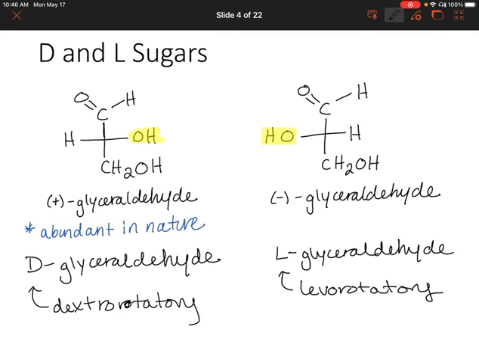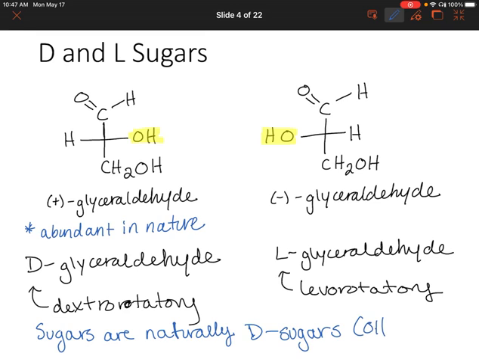So D-glyceraldehyde or D carbohydrates are what we find in nature. So sugars are naturally D sugars or D carbohydrates. So OH is on the right.